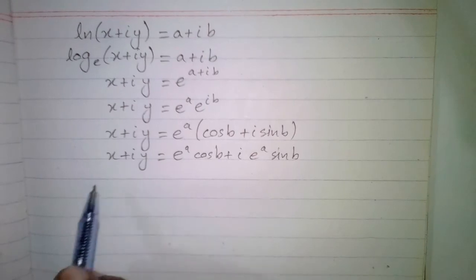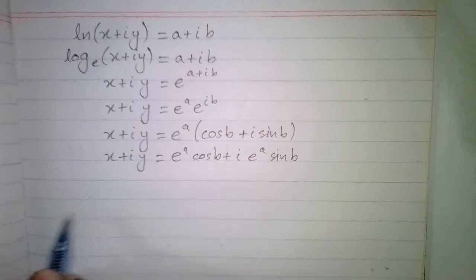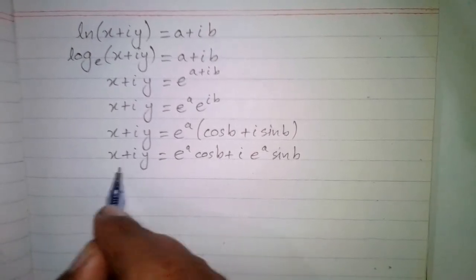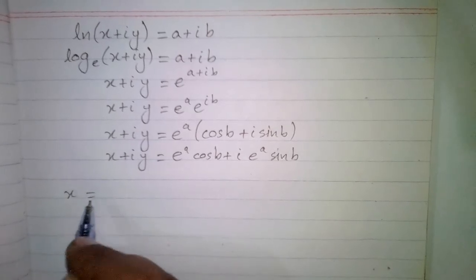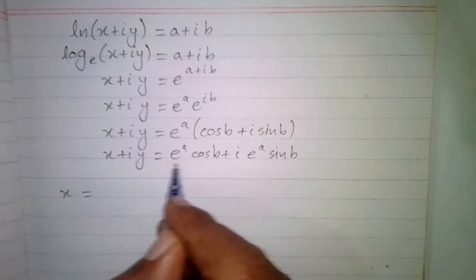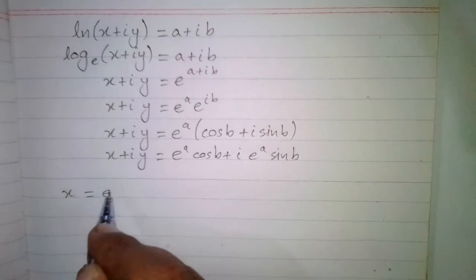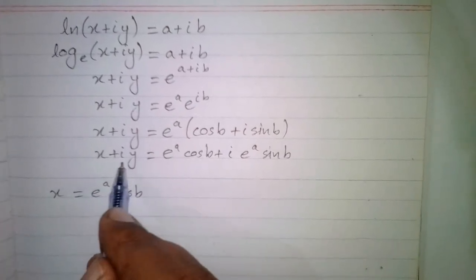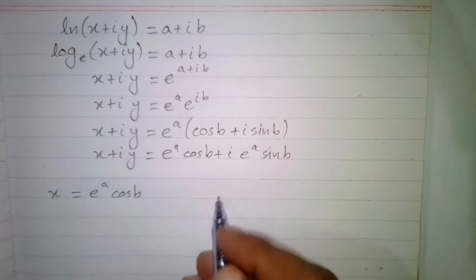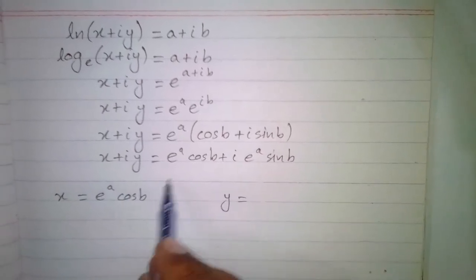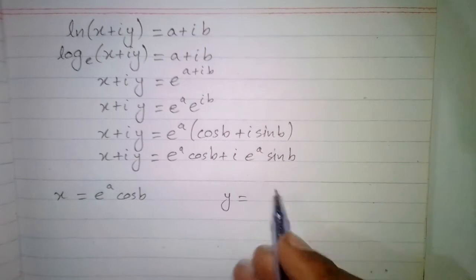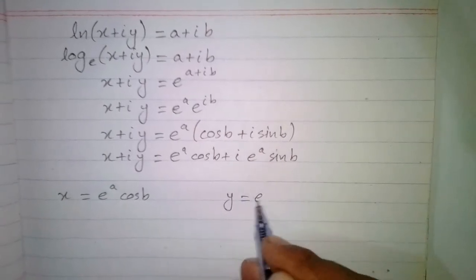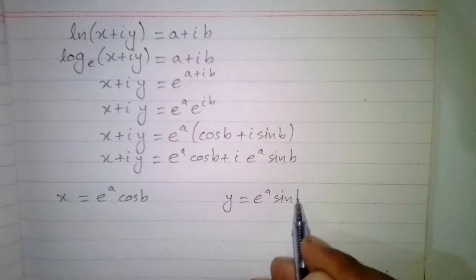Now we can compare real and imaginary parts of both sides. So the real part of this side is equal to x, and the real part of this side is equal to e to the power a cos b, and the imaginary part of this complex number is y, and the imaginary part of this side is equal to e to the power a sin b.